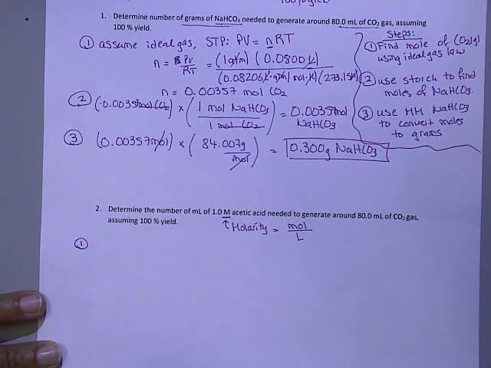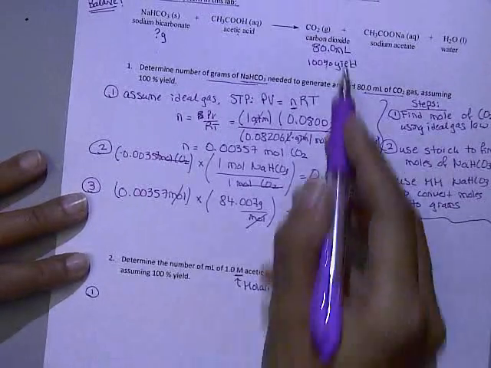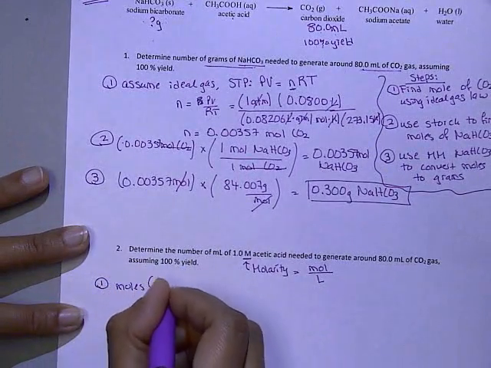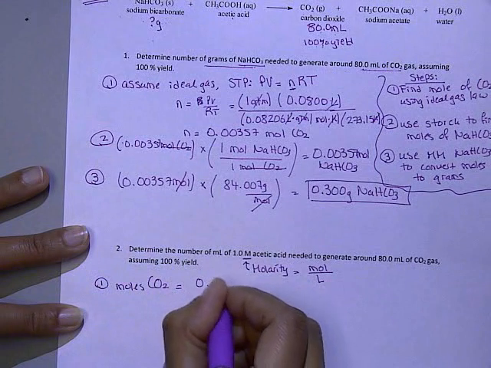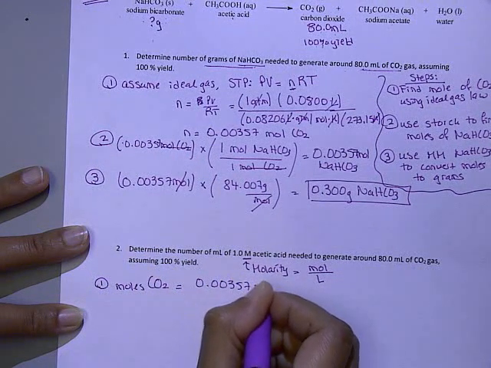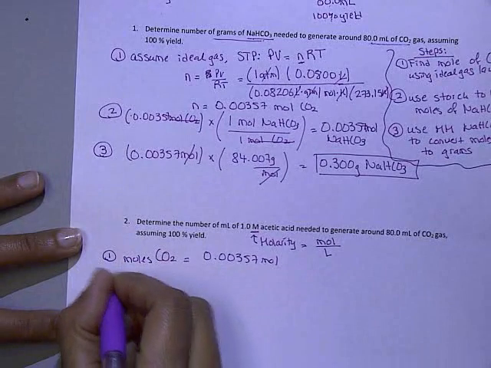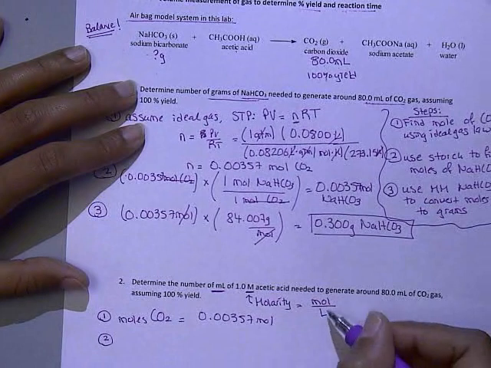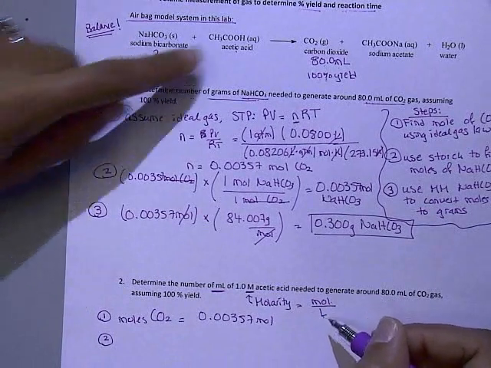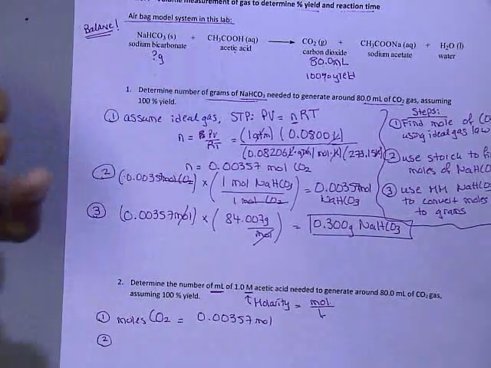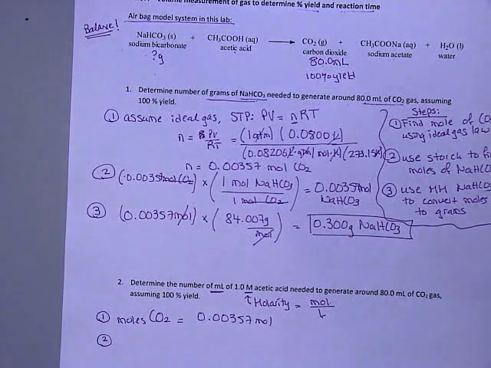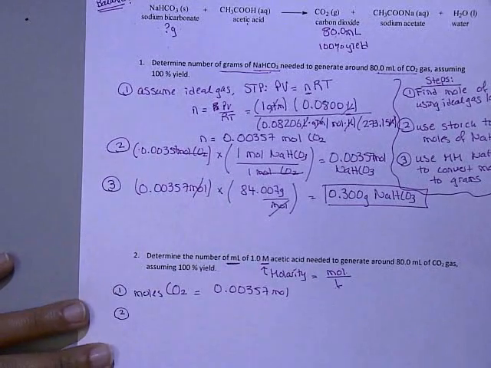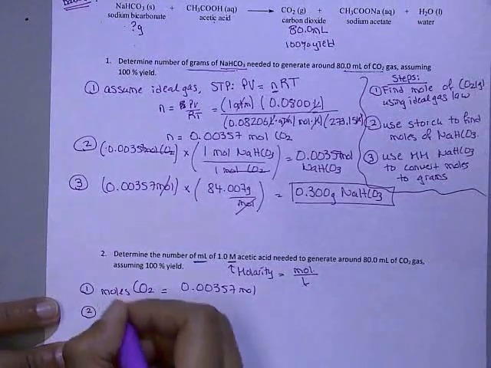So step 1, we're not doing anything different here because we already have our moles of CO2, which we already calculated above using the ideal gas law. Now step 2, here we want to find milliliters of acetic acid. If we know our molarities as moles over liters, and if we find moles of acetic acid, then we can find liters of acetic acid and then milliliters of acetic acid. So I need to figure out how many moles of acetic acid I have using stoichiometry.